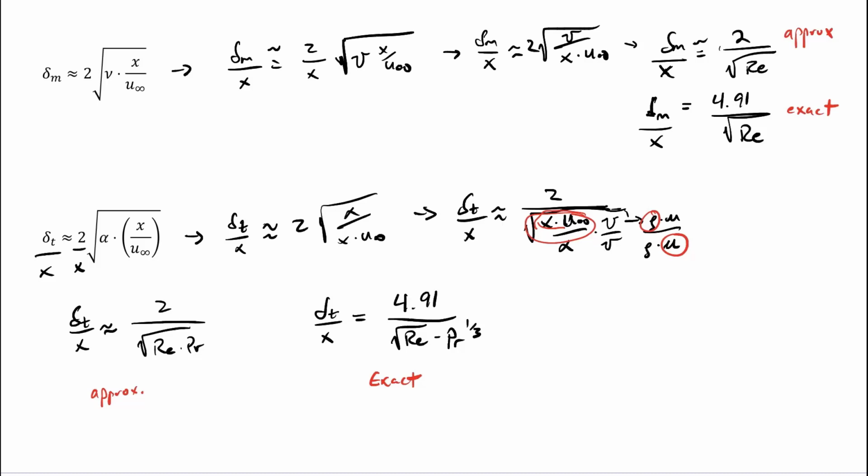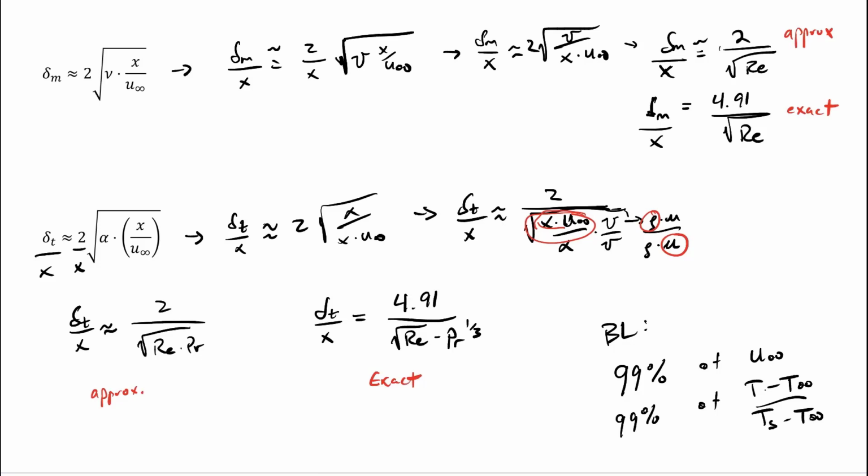So why are these two numbers different? What's fundamentally happening? A lot of it has to do with the definition of where the boundary layer ends. One thing I didn't mention before is that the boundary layer definition is 99% of U infinity, or 99% of, say, T at whatever position minus T infinity divided by T S minus T infinity.